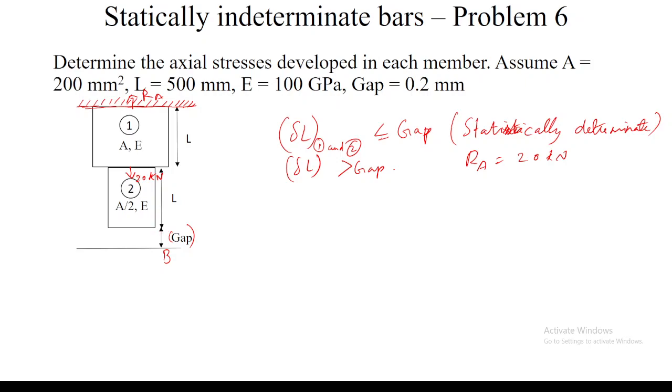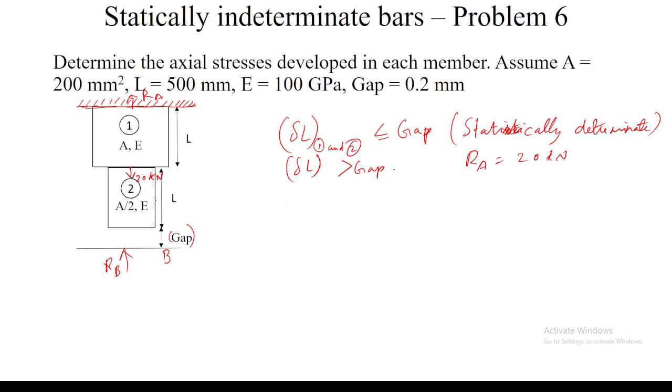Yes, sir, an upward reaction occurs at point B. Yes, a reaction will occur at point B, which I am naming RB. Now we will first find out whether delta L is less than or equal to the gap, or delta L is greater than the gap.